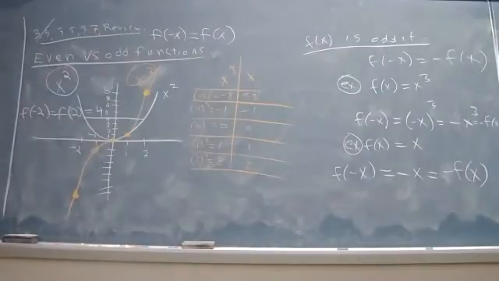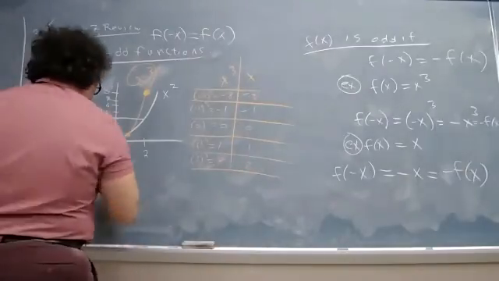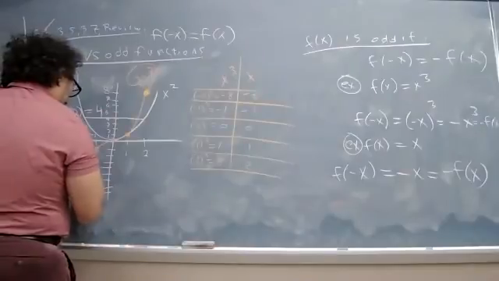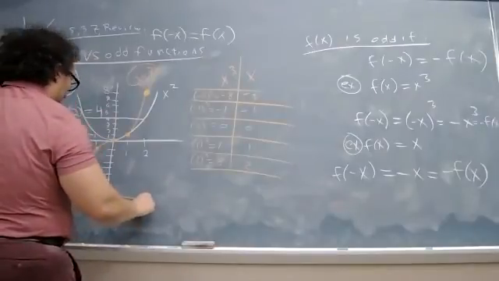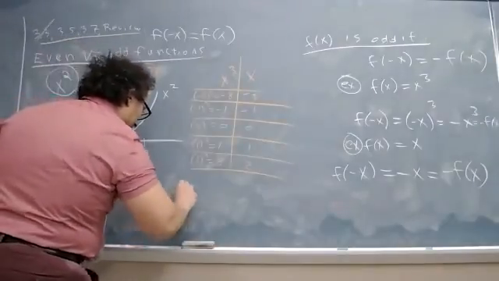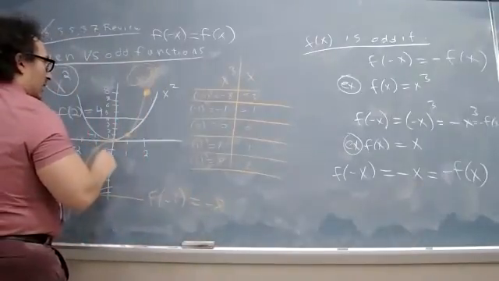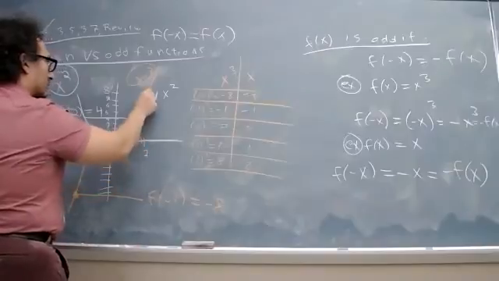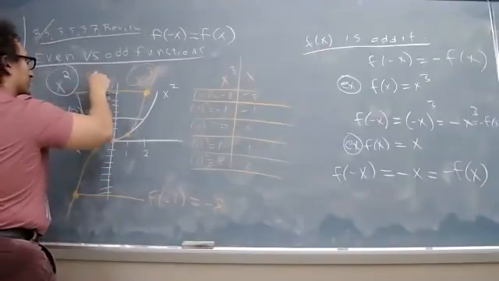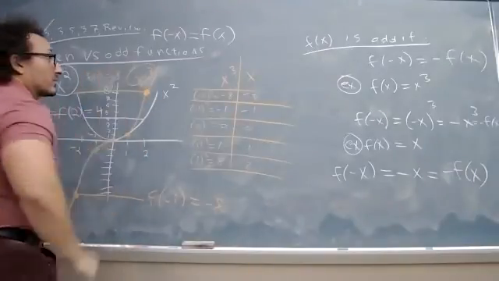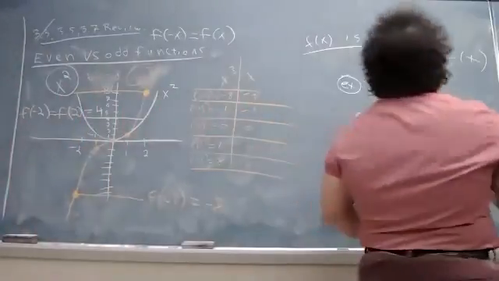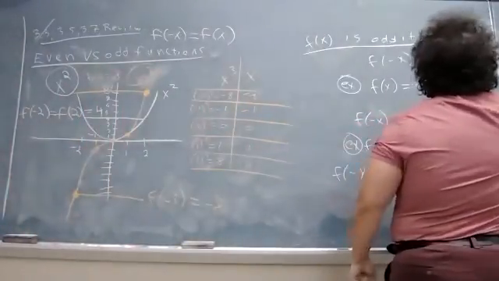But what about f of negative 2 for x cubed? Over here, take a look. f of negative 2 is negative 8. But f of positive 2 is positive 8. So that's why this occurs, this negative sign here.